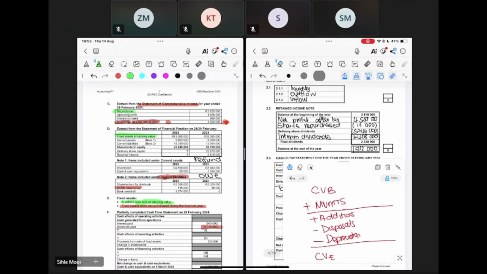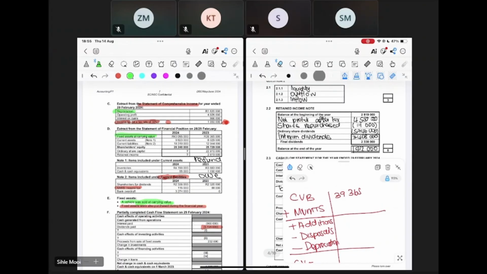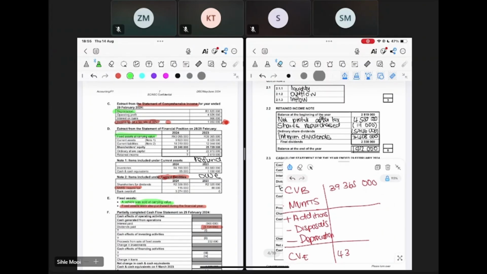So now in the information, they have given us the depreciation, the carrying value, the disposal. Let's start with the carrying value at the beginning of the year. It was given as 39,365,000, and then the carrying value at the end was given as 43,095,000.